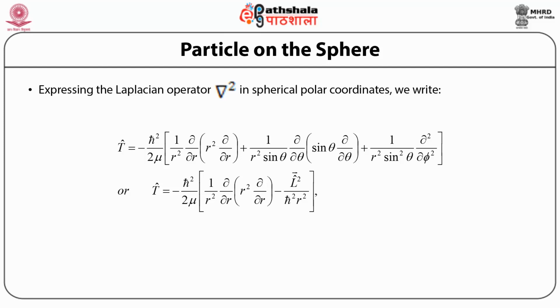Or I can write the kinetic energy operator T equal to −ħ²/2μ times (1/r² ∂/∂r (r² ∂/∂r) − operator L²/(ħ² r²)), where the expression for the angular momentum operator is obtained in the preceding module and is used over here.